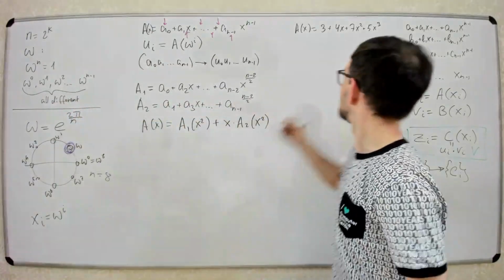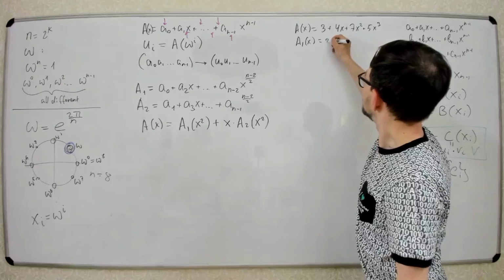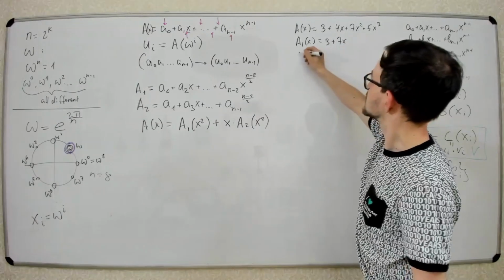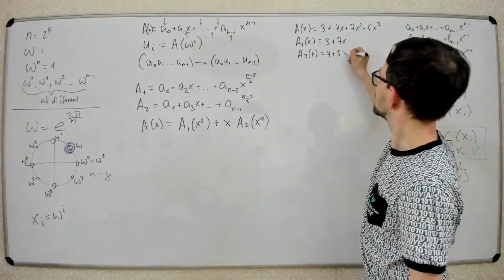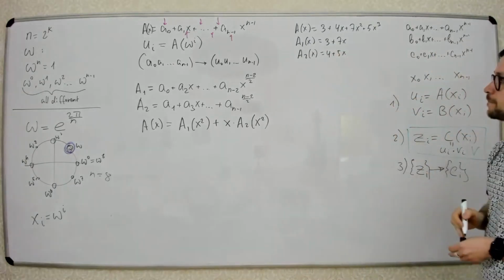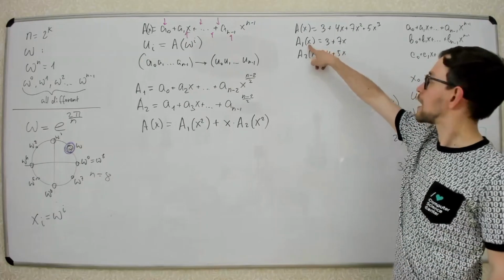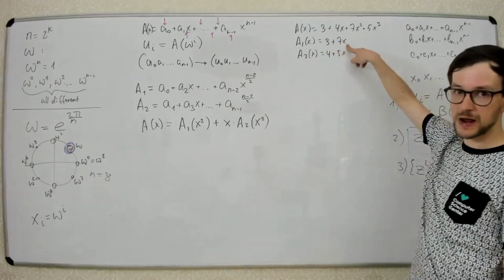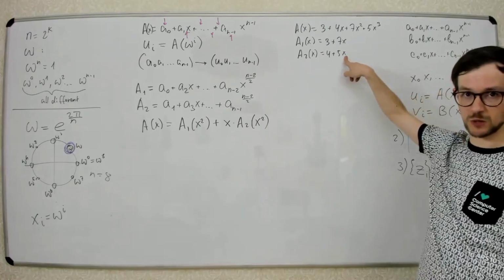The first polynomial is 3 plus 7x, and the second polynomial is 4 plus 5x. Now, if I put x squared here, I will have 3 plus 7 multiplied by x squared. And I have 4 plus 5 multiplied by x squared.